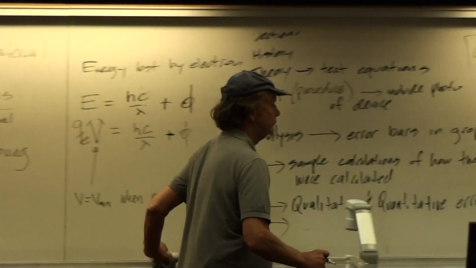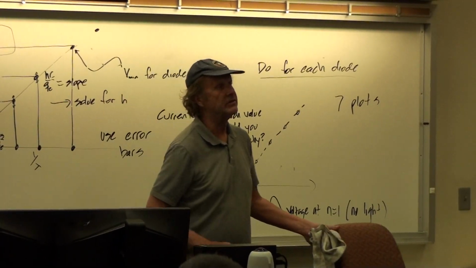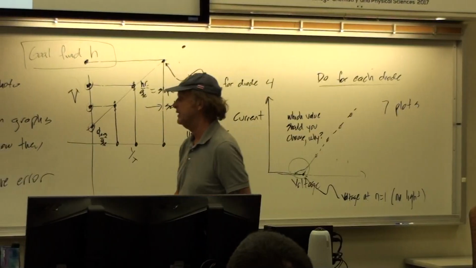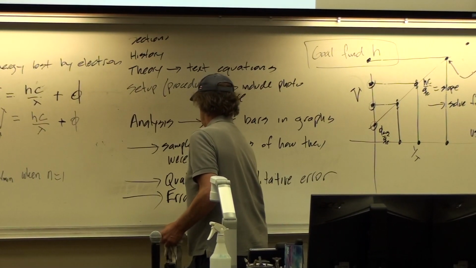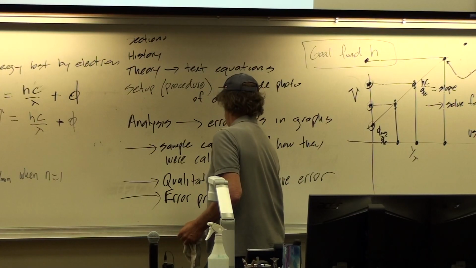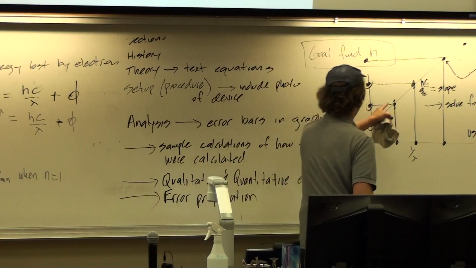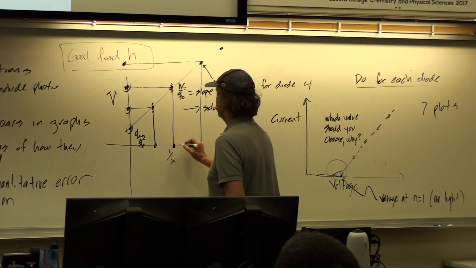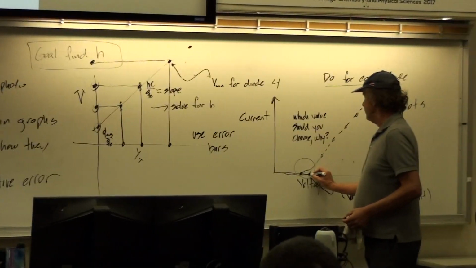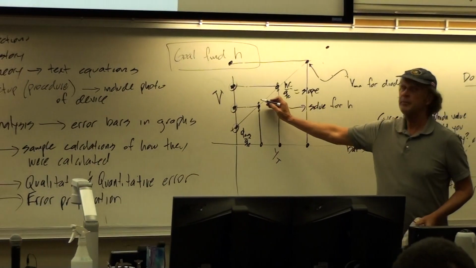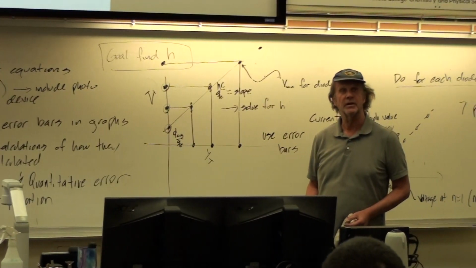And in this, I'd like you to have some kind of a discussion of what we could call error propagation. In other words, if we're going back to this example here, we could say, well, if I chose this point rather than that point, how big of an error does that create in Planck's constant when I compute the slope?